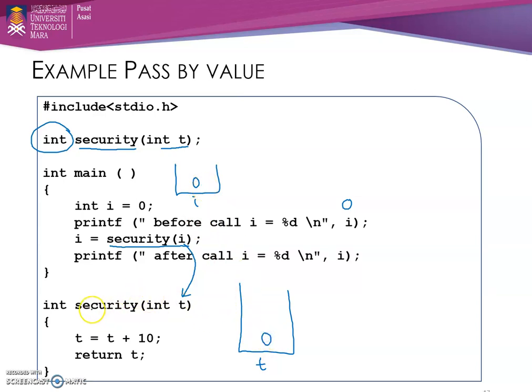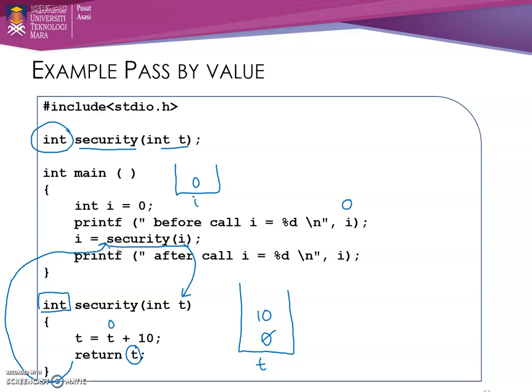Inside your function security, a new process happens whereby the value of t is changed, where 0 plus 10 becomes 10. Because this function has a return value, the value of t needs to be returned to the function call.